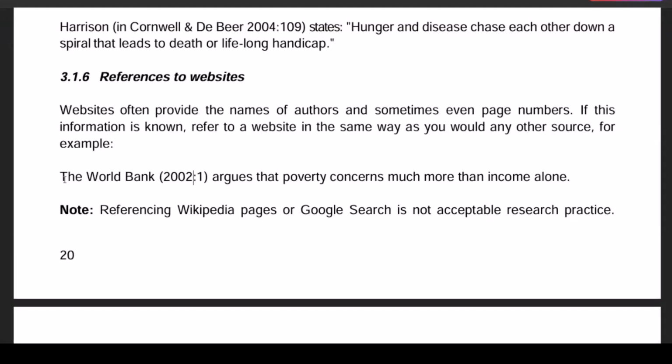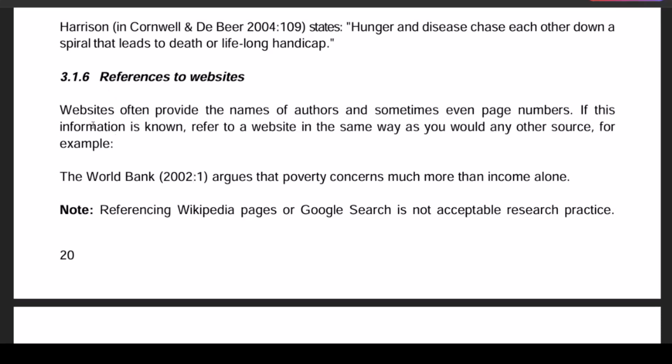Sometimes these big corporations, they don't write the names because this is the company's work. So instead of you referencing the person who wrote the article, you're going to reference the company, which is the website of the company.